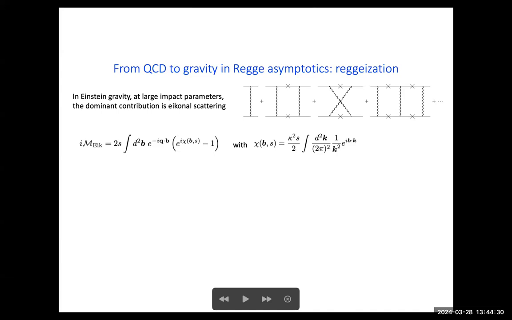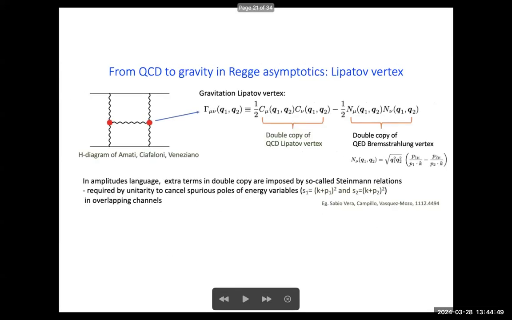And then the overall eikonal amplitude for the scattering is given by this eikonal phase here, which again also has this infrared divergence. This is the result of all orders. So this is the dominant contribution to gravity.